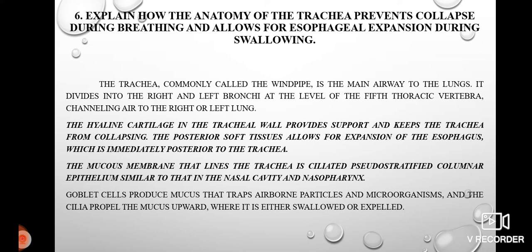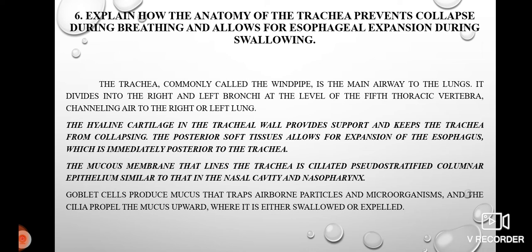And the seventh one, explain what is meant by the term bronchial tree. The collective term bronchial tree refers to the bronchi and all other subsequent branches. The bronchi are the airways of the lower respiratory tract at the level of the third or fourth thoracic vertebra.